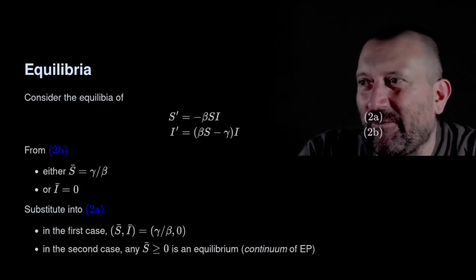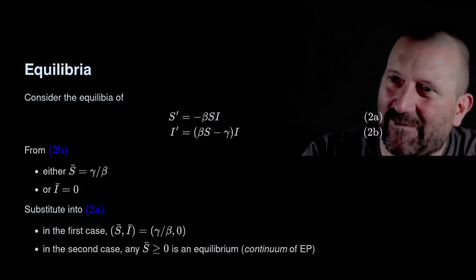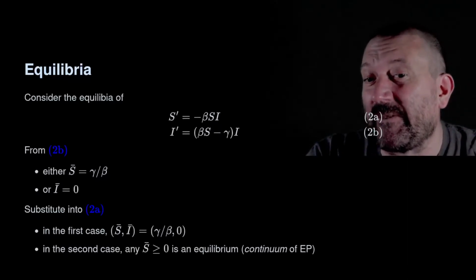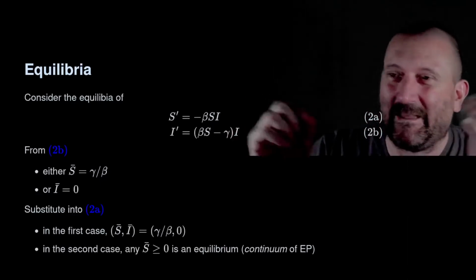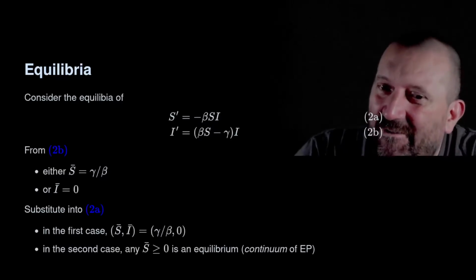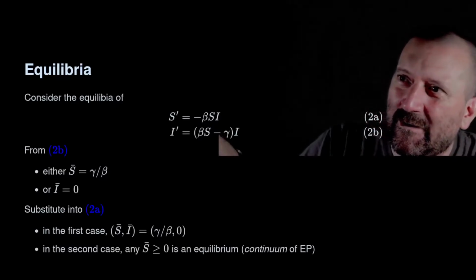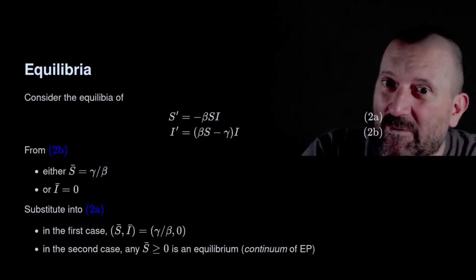In terms of computing equilibria, the analysis that is typically done, this poses a problem because that is what we call a non-isolated equilibrium. Any S on the S-axis is an equilibrium. So when I equals 0, the entire non-negative S-axis is an equilibrium.